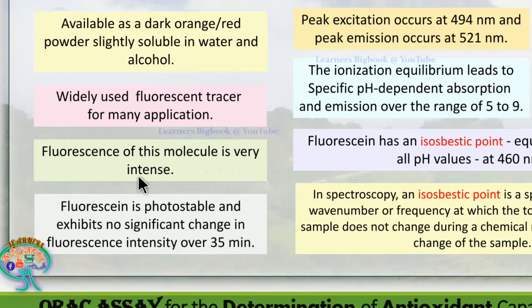Now here, when you consider fluorescein, it is photostable, that is why it is intense. Photostable in the sense that when the sample has been taken after performing the experiment, that is, whatever reactions we perform with the chemicals during the procedure, after the color has developed and the time of the experiment is complete, we measure it under the equipment, that is the spectrophotometer.